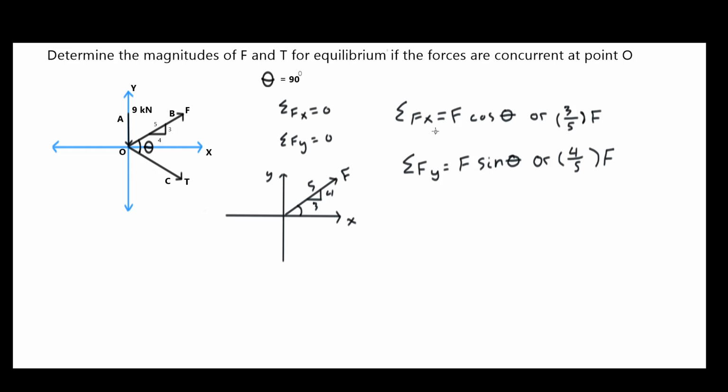So if you take a look at our summation of forces of x in this little example, where this is the force of this vector, in the x direction is touching this angle here, so it's going to be F cosine theta.